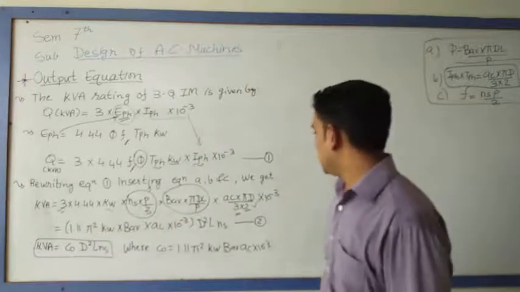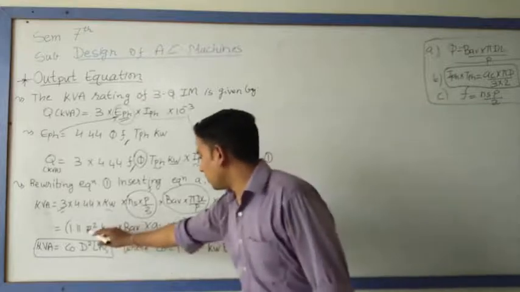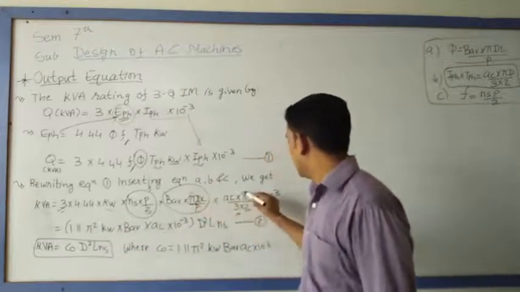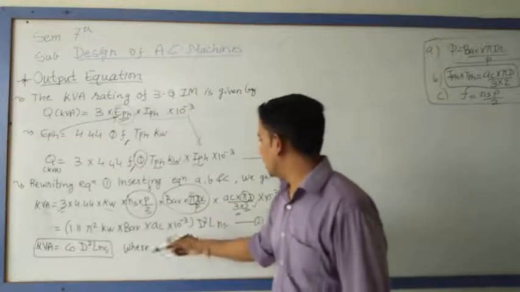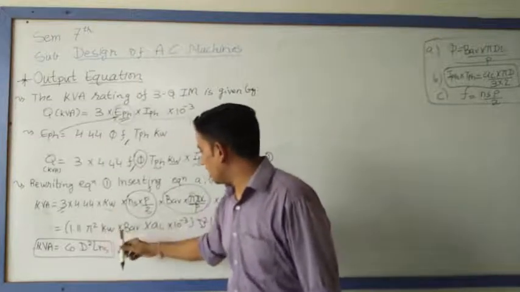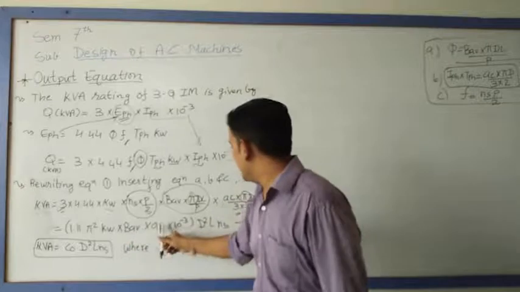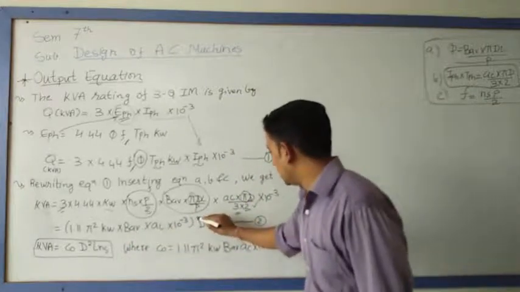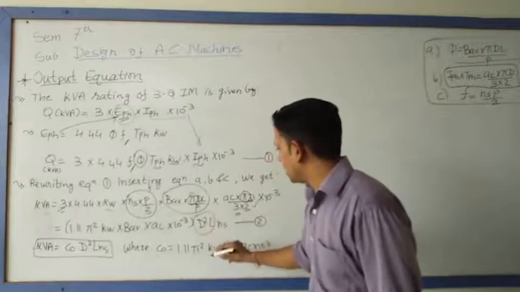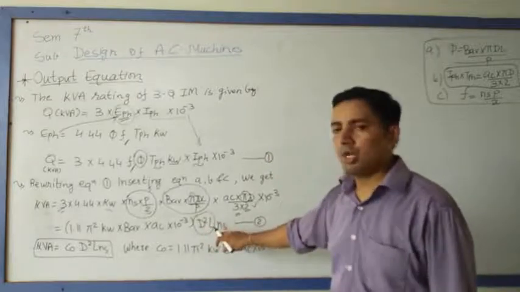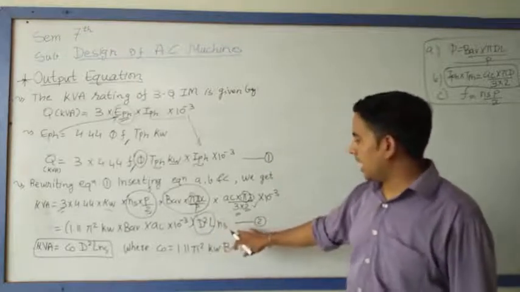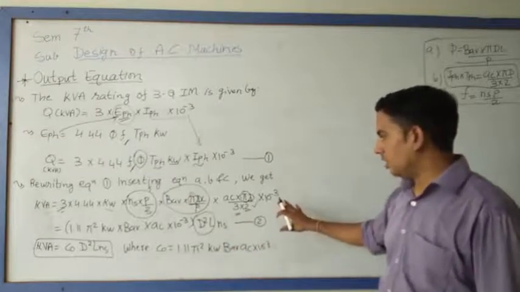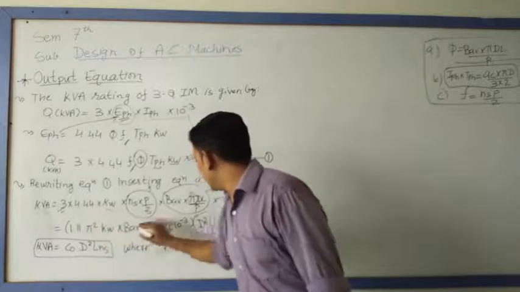And arranging the remaining terms, 1.11 into pi square, Kw is winding factor multiplied by BAV into AC into 10 raised to minus 3, and these are the main dimension, D square into L multiplied by Ns. Ns is the synchronous speed. This is the equation 2. What do we have in the bracket?